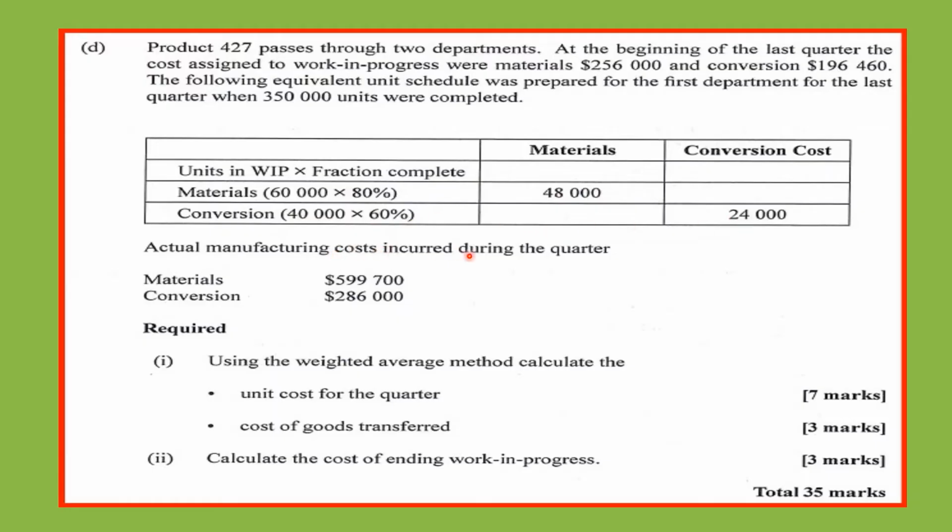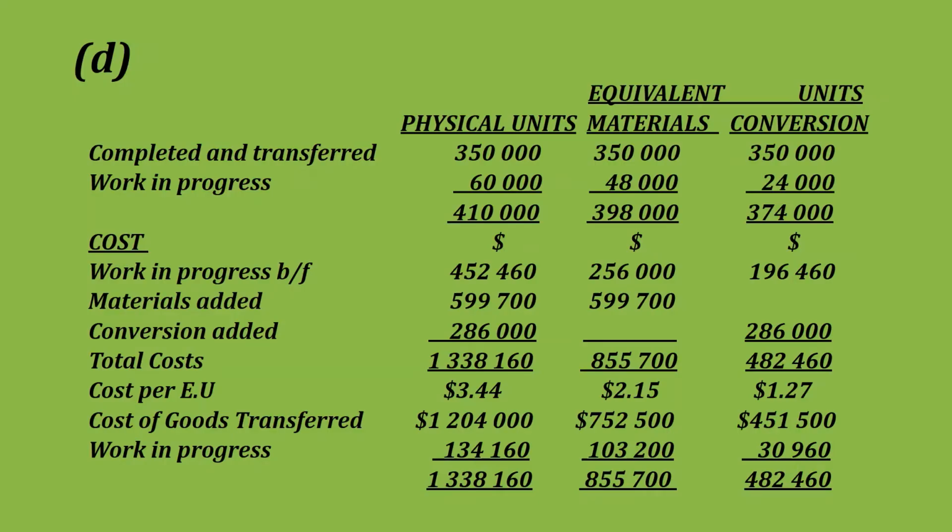And we are given some of the actual costs for the period. Okay, so it should be very simple from here. No elaborate thing. They do not ask us for a cost sheet, so we could do the calculations anyhow we want to do it. I like to do my calculations in a nice format like this.